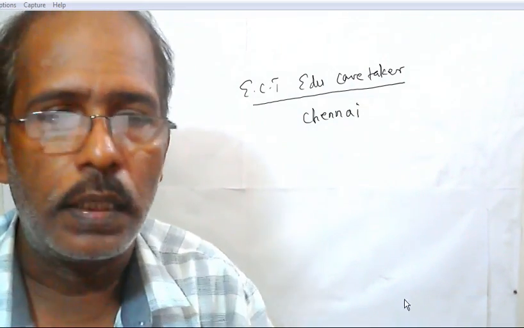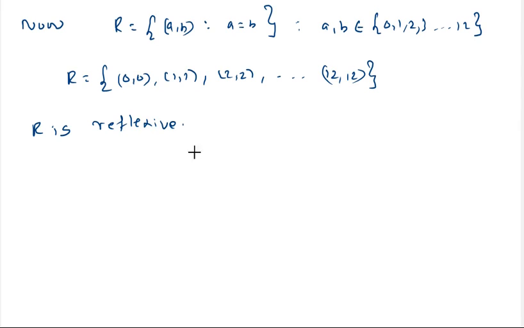So we'll continue. R is reflexive because A comma A belongs to R for any element A of the set, that is, A is 0, 1, 2, 3 up to 12.